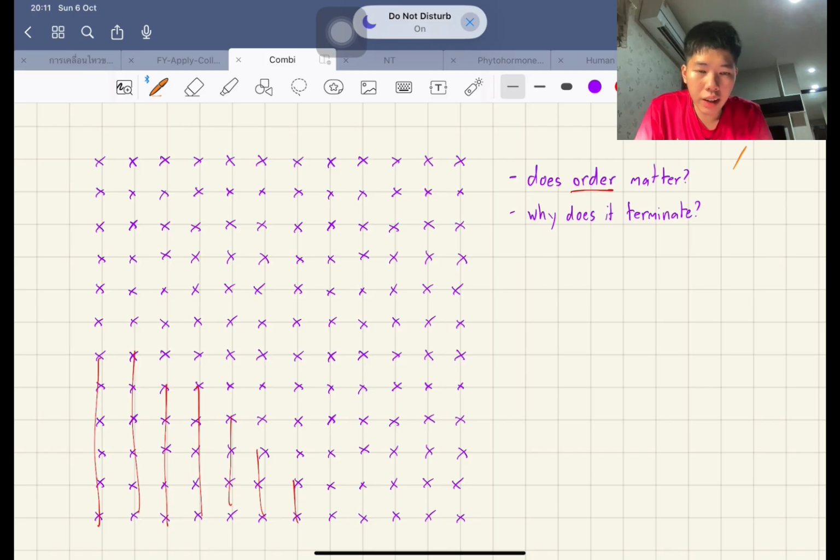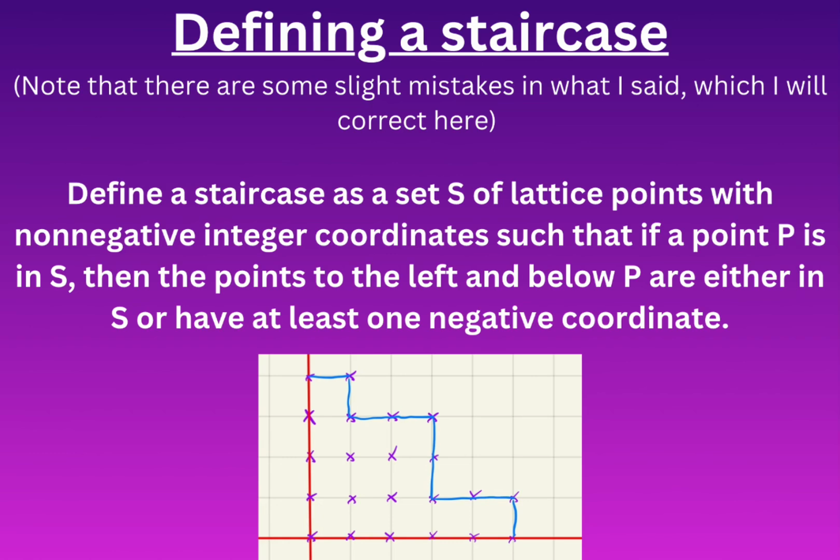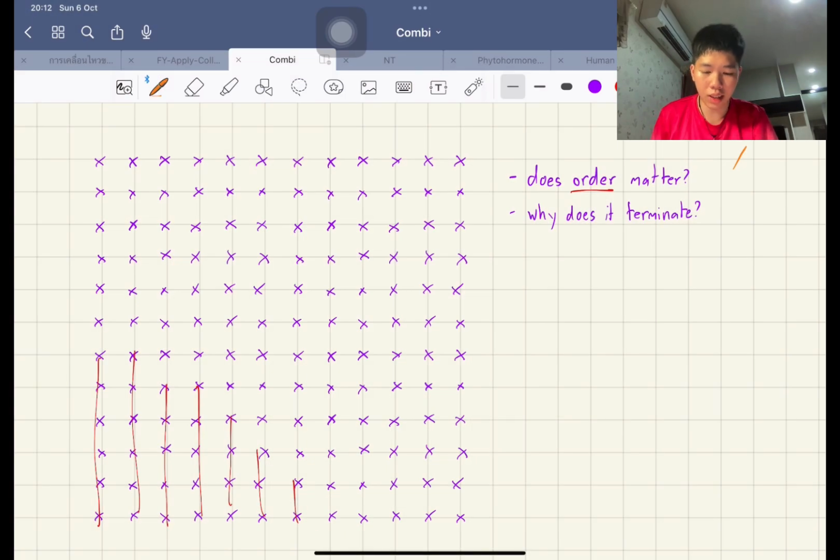To make the idea of a staircase more rigorous, we can define it as a set of lattice points with positive integer coordinates, such that if a certain point is in that set, then the point below it and the point to the left of it, if they also have positive integer coordinates, will be in this set. This is how we can define a staircase.